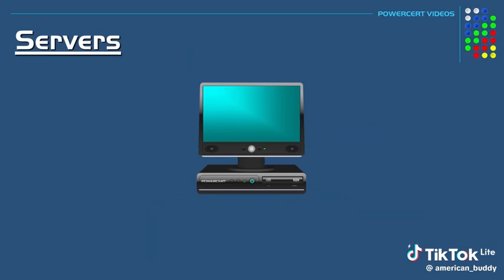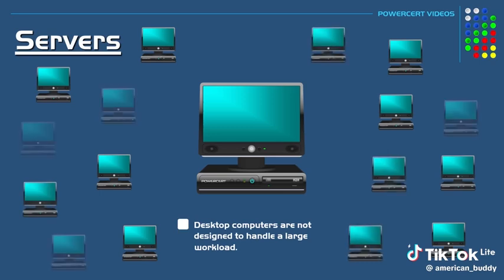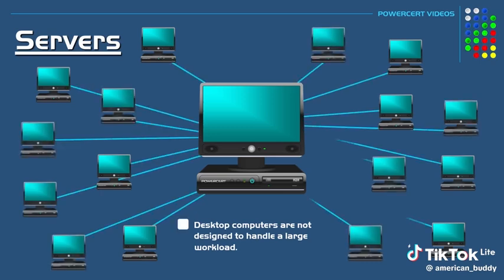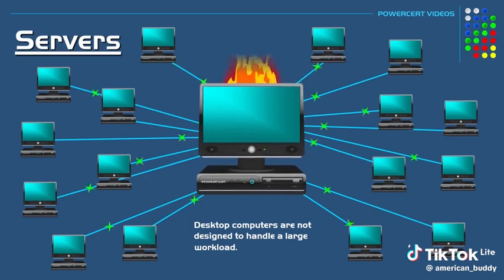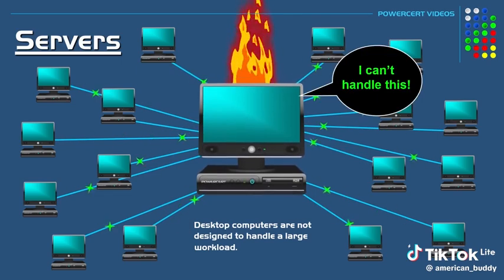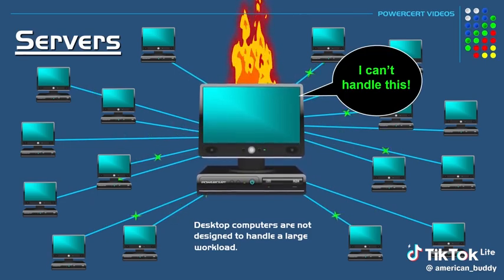However, desktop computers do have their limitations because they are not designed to handle a large workload, and they can't handle a lot of incoming connections from users. This is not only because of their inferior hardware, but also because of software, because desktop operating systems are only able to handle a limited amount of concurrent connections.